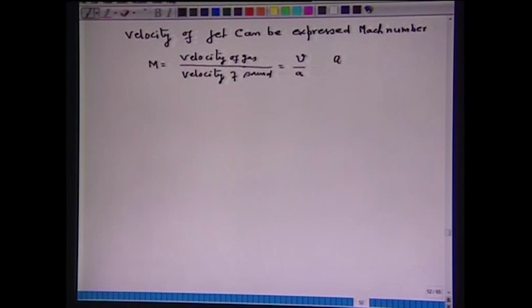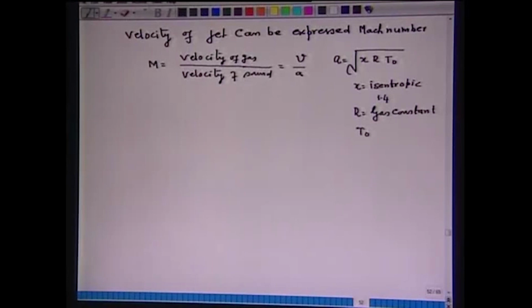Now, A can be calculated by the square root of kappa R T0, where kappa is the isentropic exponent of the gas, and its value for all diatomic gases is equal to 1.4. R is the gas constant, that is universal constant divided by molecular weight of the gas.